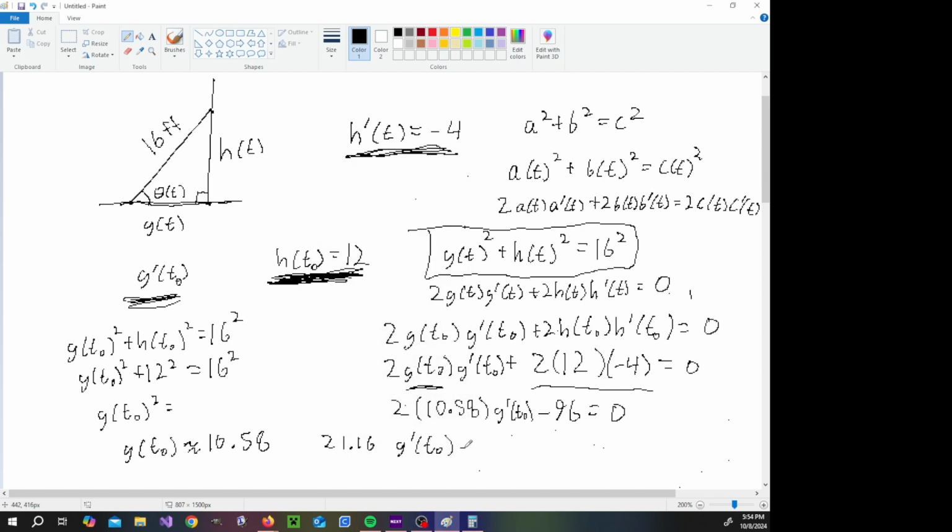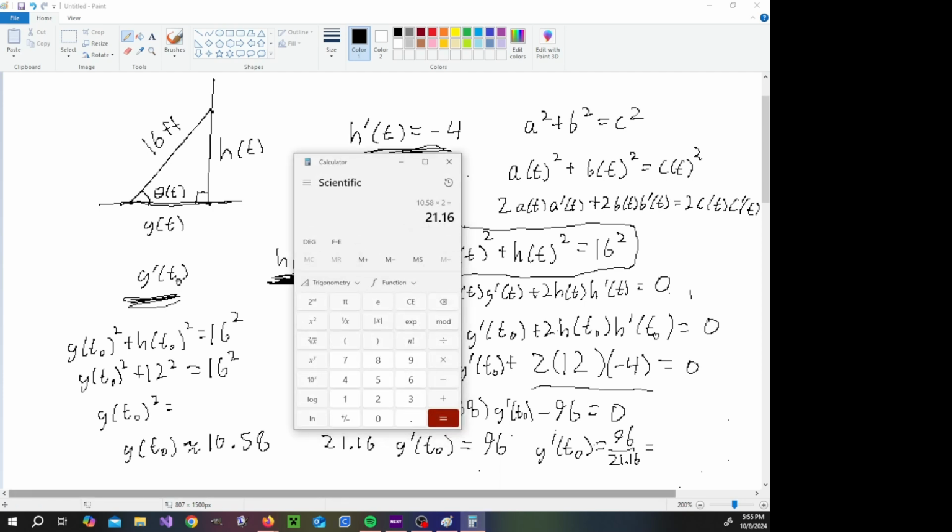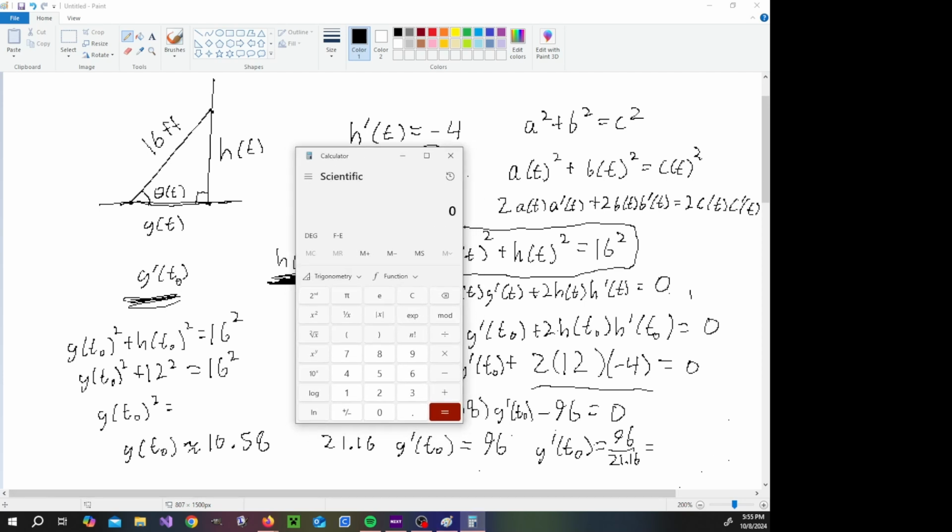Now, this is equal to positive 96, so g prime of t naught is 96 over 21.16, which we can simplify. 96 divided by 21.16 is 4.54-ish.